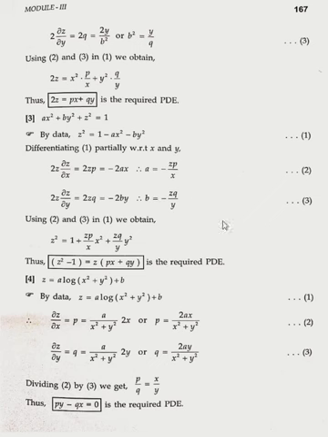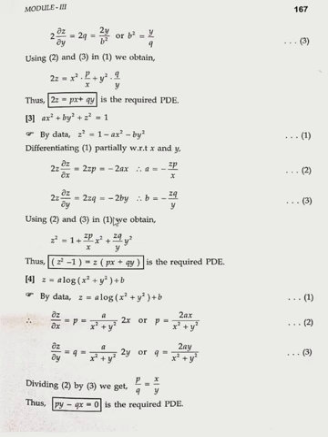Call this equation 3. Using 2 and 3 in equation 1, z square is equal to 1, minus a, where a is minus zp divided by x, divided by x square, plus b, where b is minus zq divided by y, into y square.